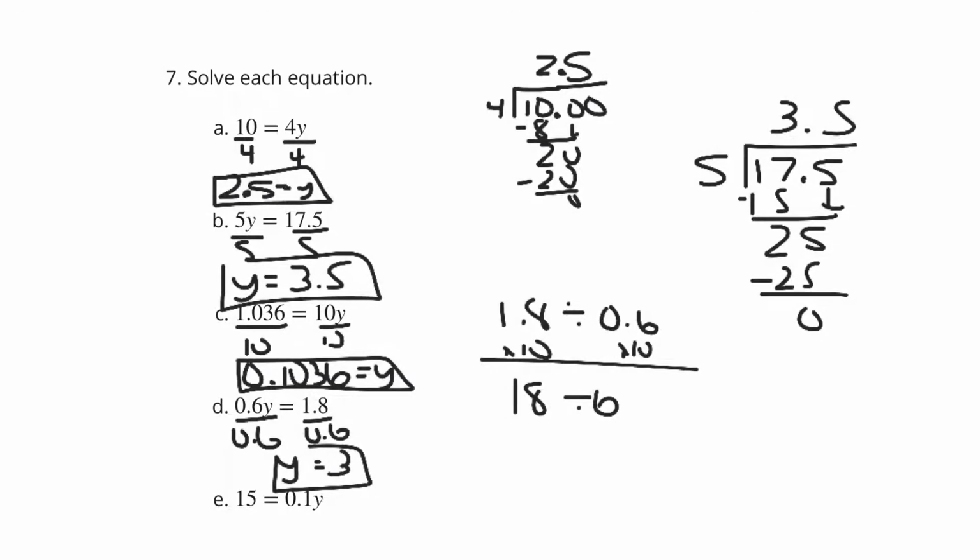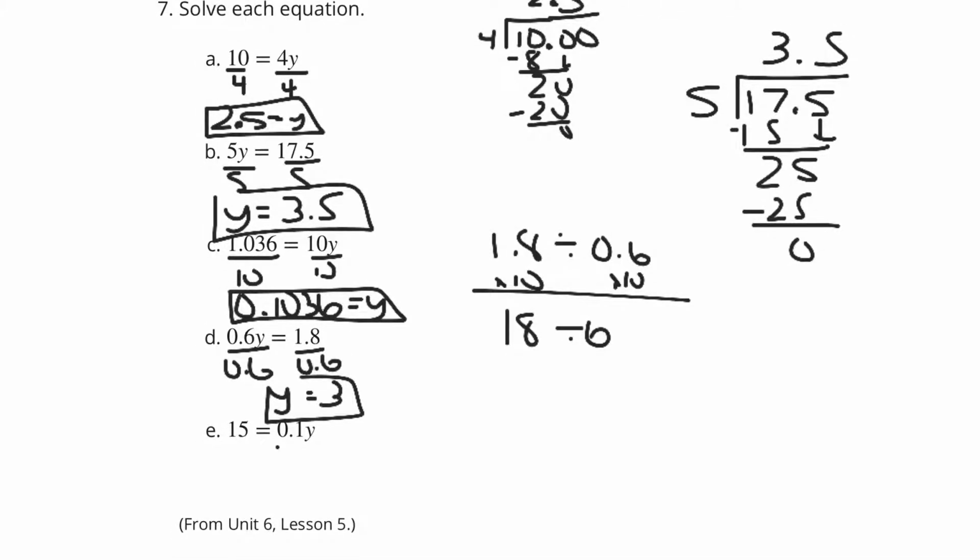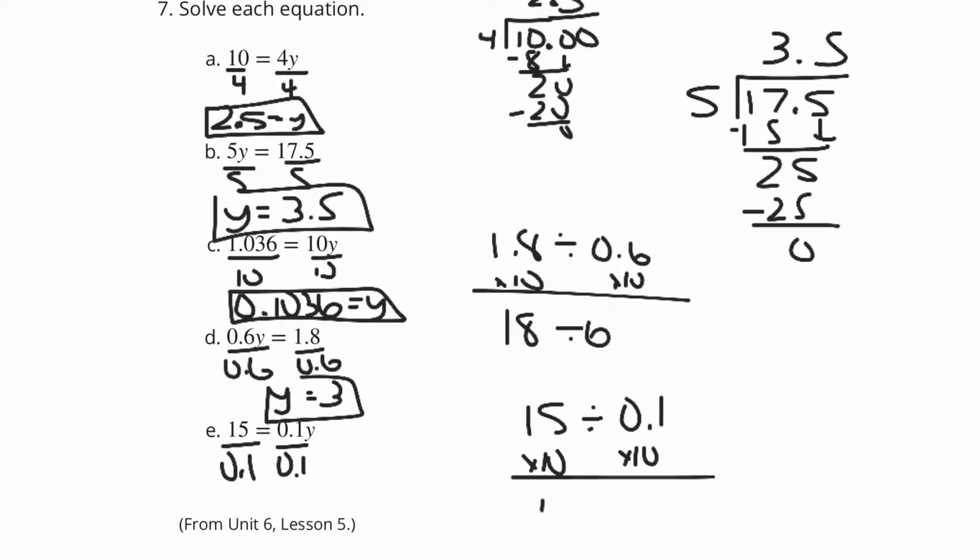And lastly, in E, if we divide by 1/10 on both sides, and again, if we write this out as 15 divided by 1/10, multiply both these by 10, because I can't have a decimal in that second number, you get 150 divided by 1. Again, no calculator needed to tell you that 150 is equal to y.